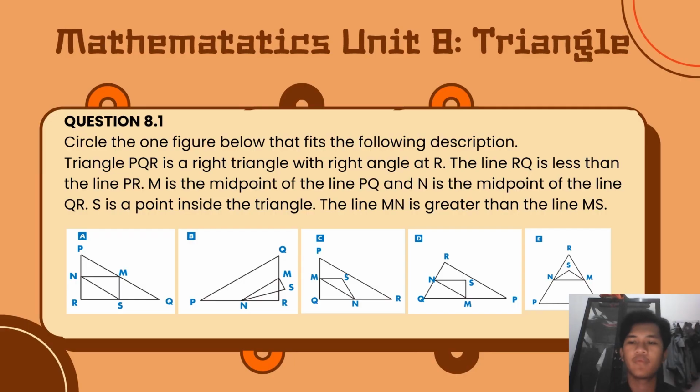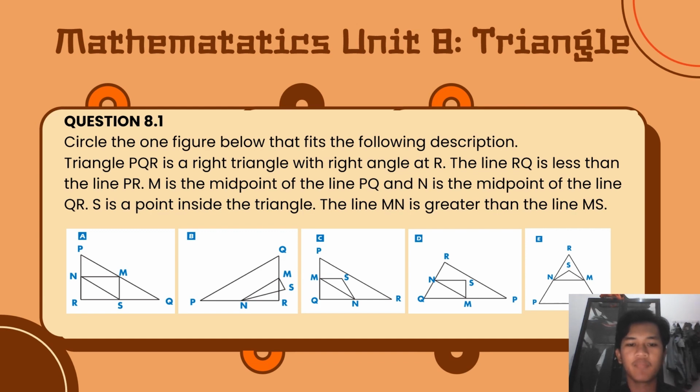Okay, now I will explain about Mathematics Unit 8, which is about triangle. The question is, circle the one figure below that fits the following description. Triangle PQR is a right triangle with right angle at R. The line RQ is less than the line PR.